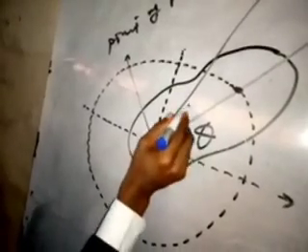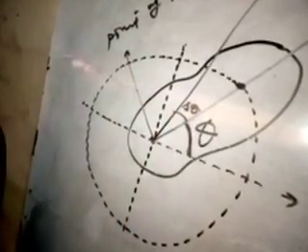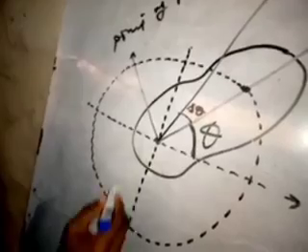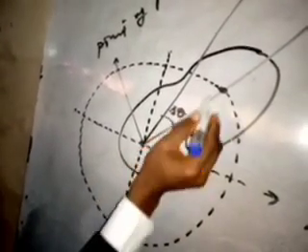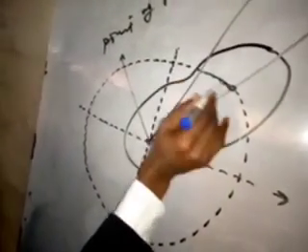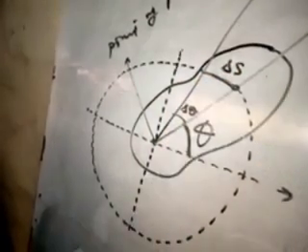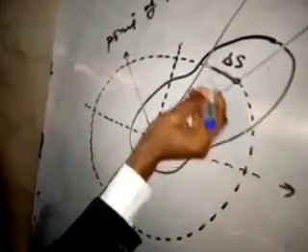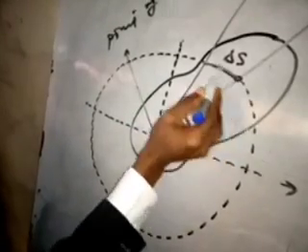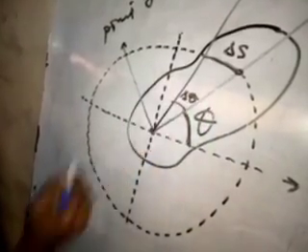So we can call this delta theta. As it moves from this point to this point, it has covered a small arc, which we can call delta x. This is a small arc because this is a circle. So this small linear distance here is an arc covered.